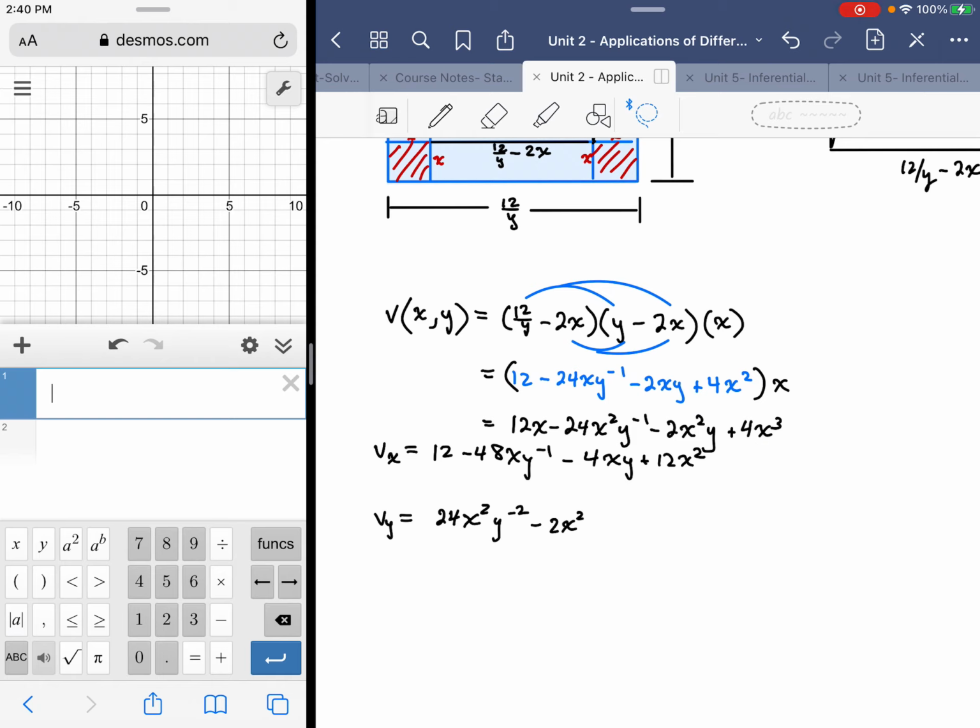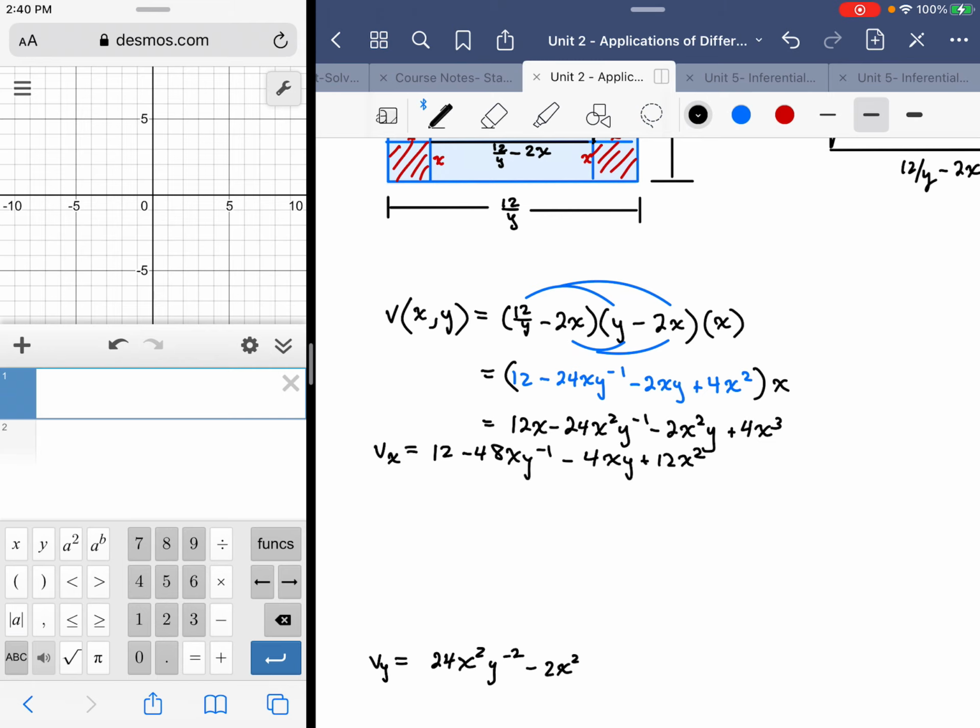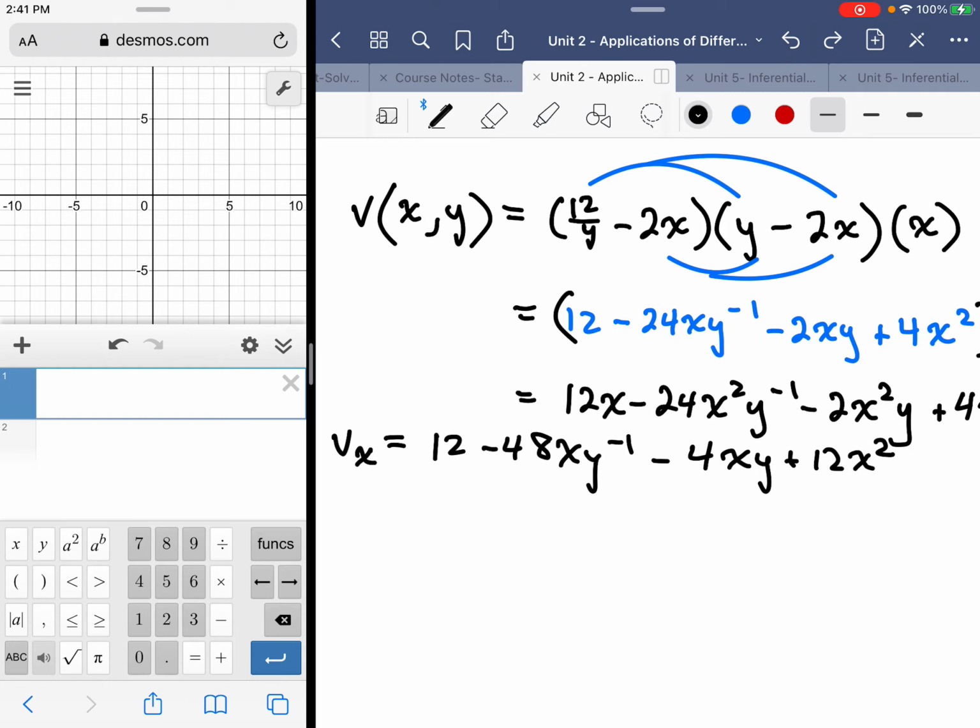All right, so let's focus on the x part of it first. I'm going to set it equal to 0. A little too thick. Let me just bring that in. 0 equals, now I'm going to rewrite it without the negative exponents.